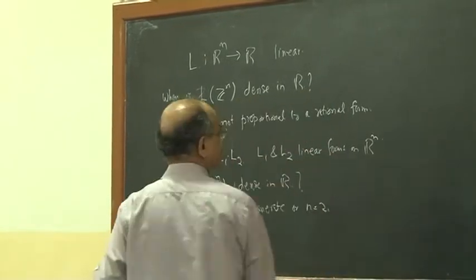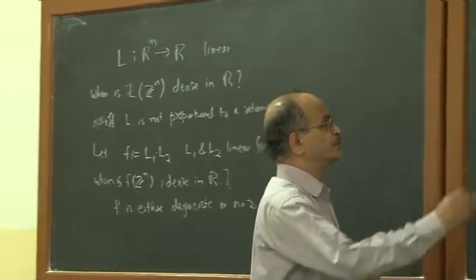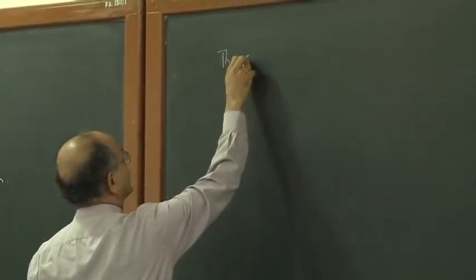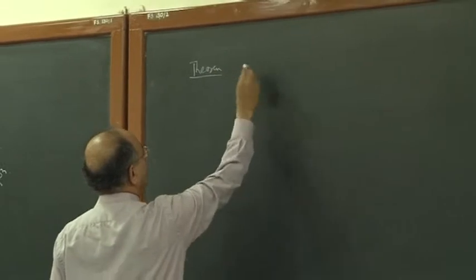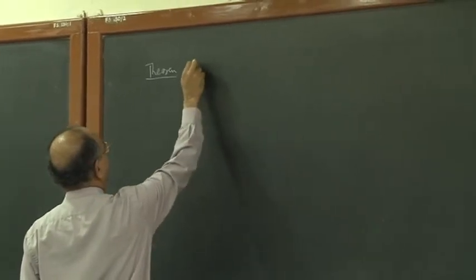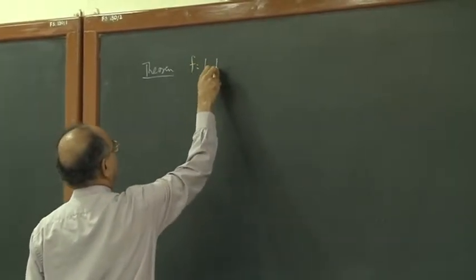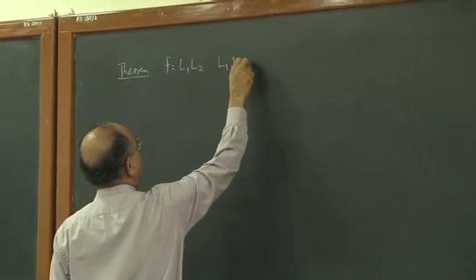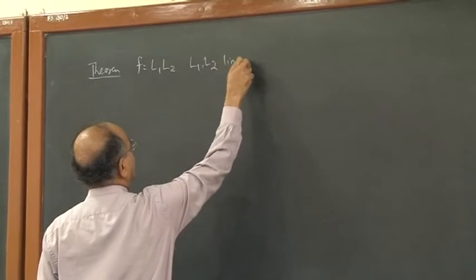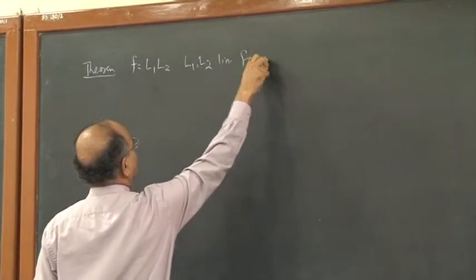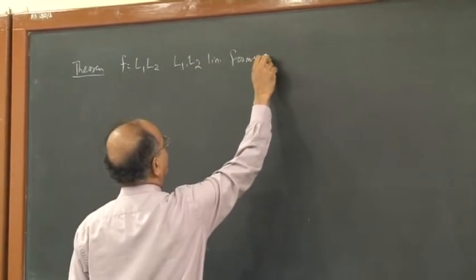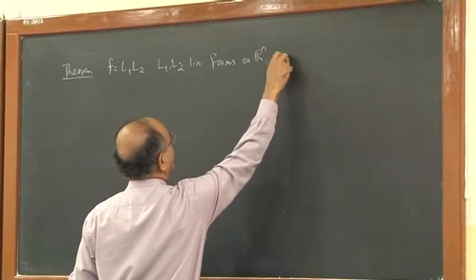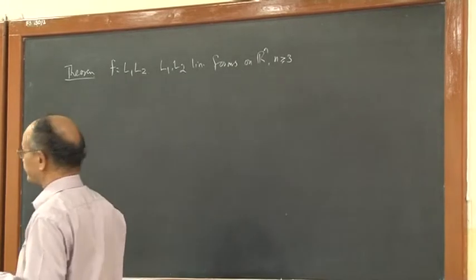Nevertheless, it turns out to be true, and I don't know whether I should call it a theorem: let f equal L1 L2, where L1, L2 are linear forms on R^n. Now let me take n at least 3.